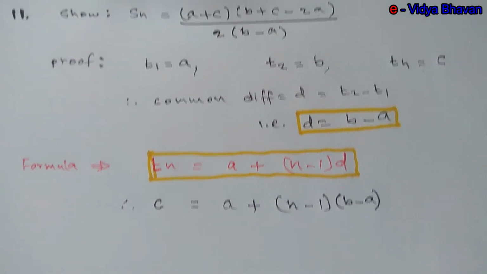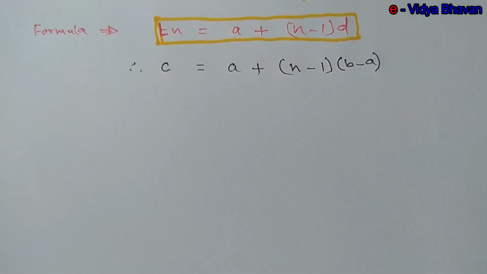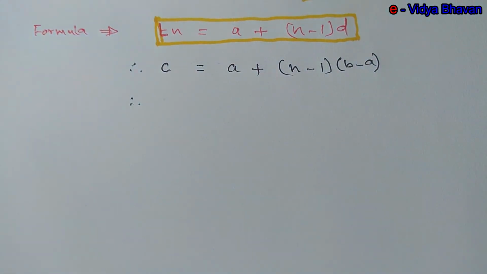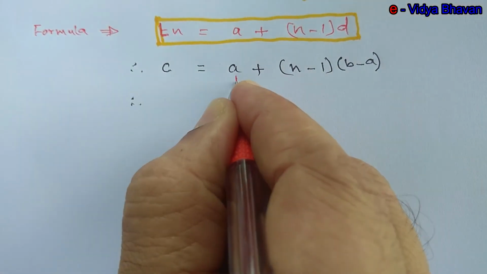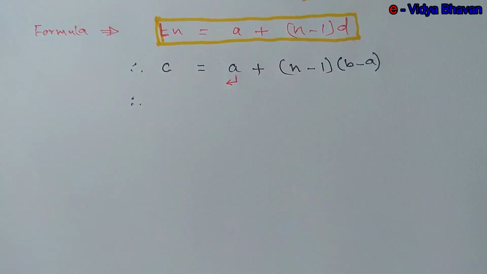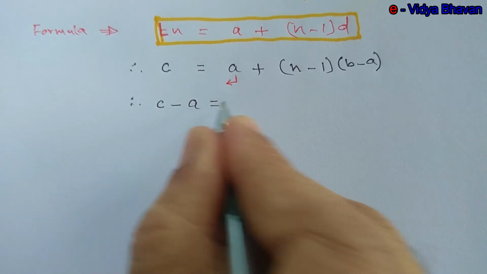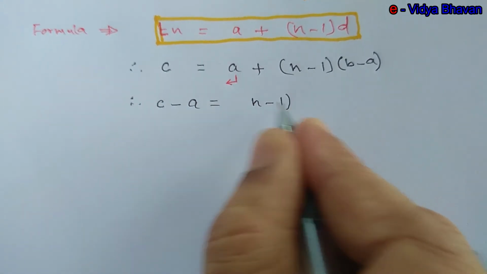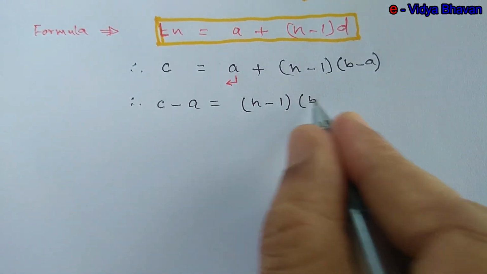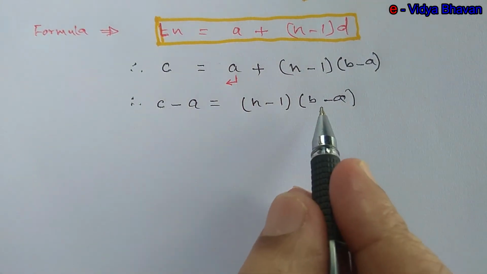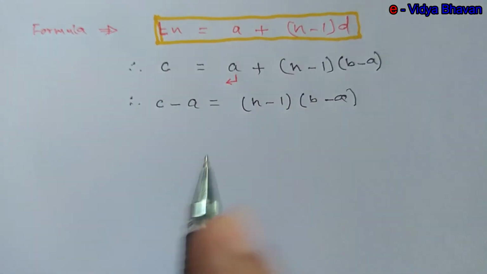Now let's go further. Therefore, this A, we can take it on the left hand side. This will become C minus A. Further, let us take b minus a in the denominator of this side.